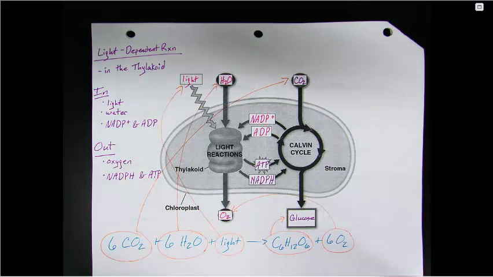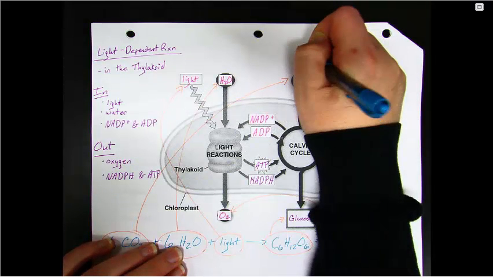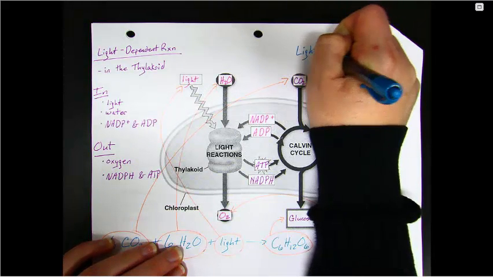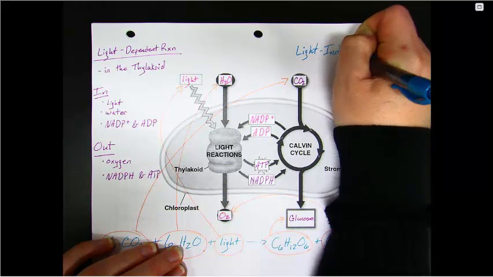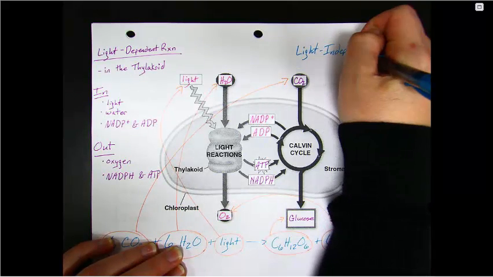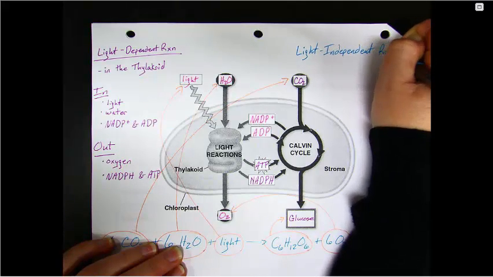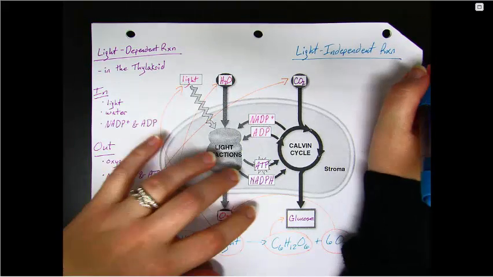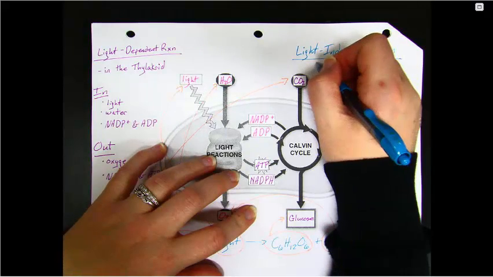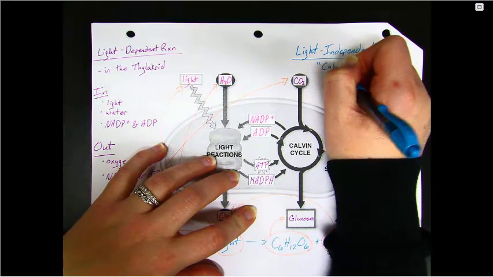So let's summarize the light-independent reactions on the other side of the paper. And remember, the light-independent reactions are also called the Calvin cycle.